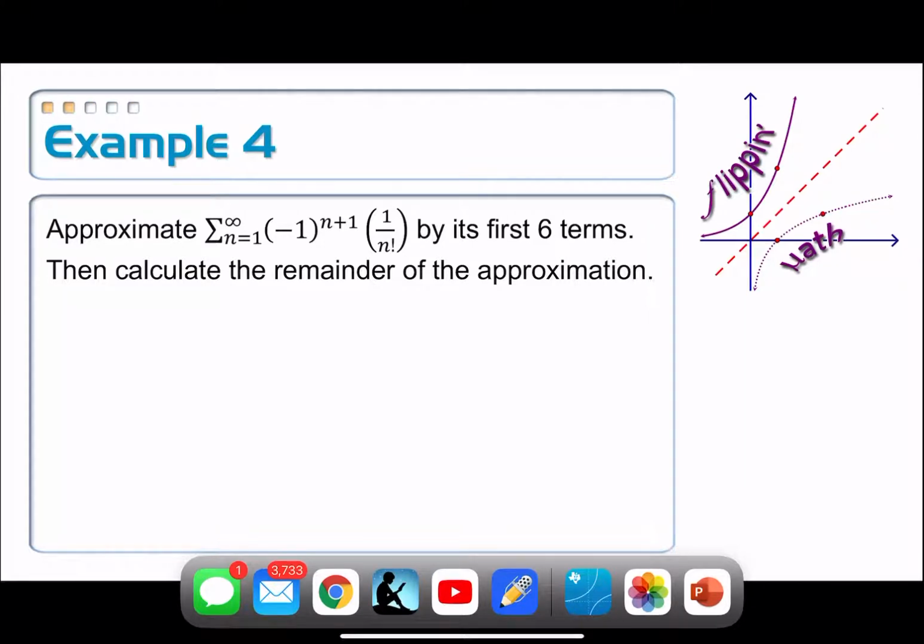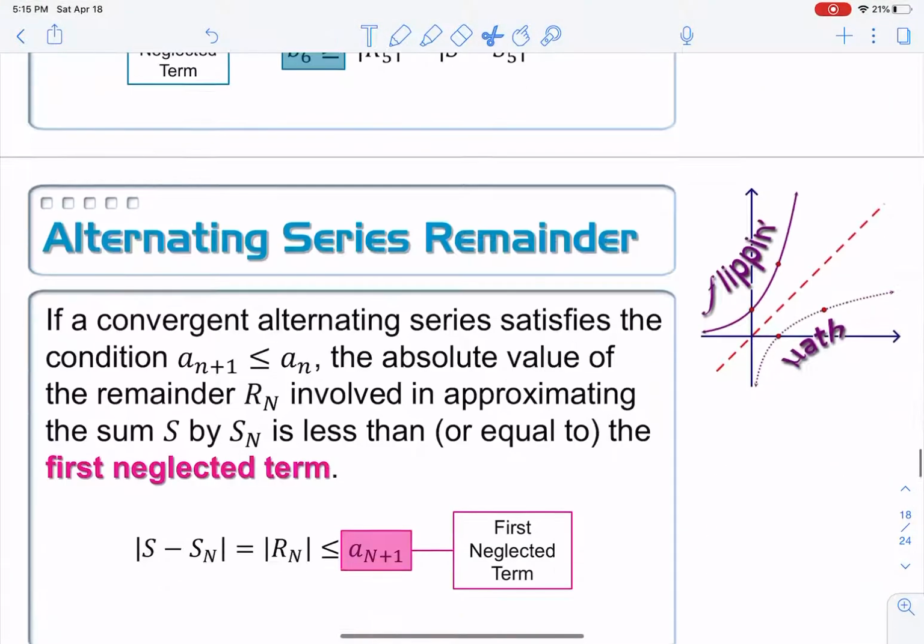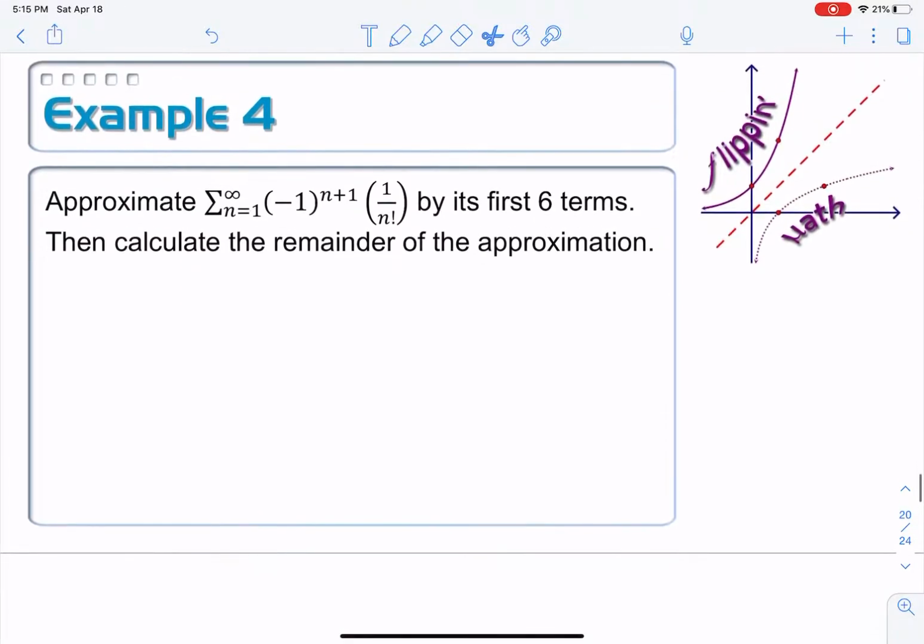Okay, so let's come back over here and look at this particular example. And my first 6 terms. Let's just write out what those terms are going to look like here. Sum n equals 1 to infinity. No, actually, I want 6 terms, so I'm just going to go up to 6 right there. Negative 1 to the n plus 1, 1 over n factorial is equal to, I'm starting with 1. If I stick 1 in for the exponent, that makes it a 2, which means our first term is going to be positive.